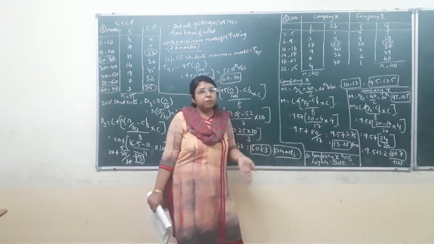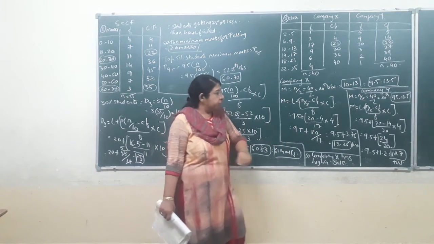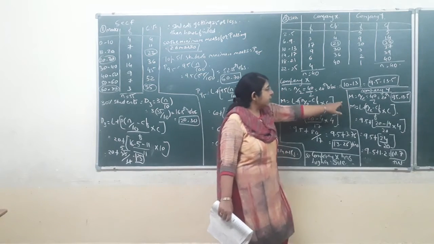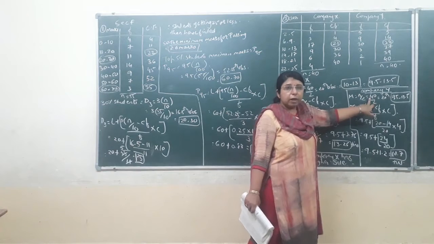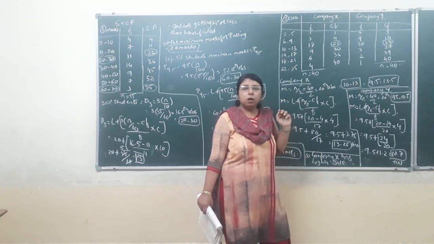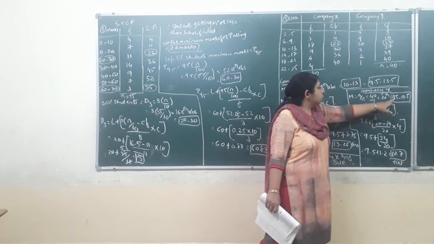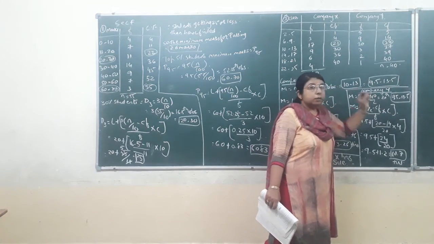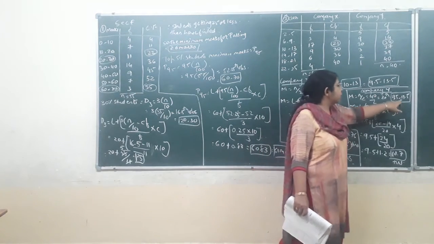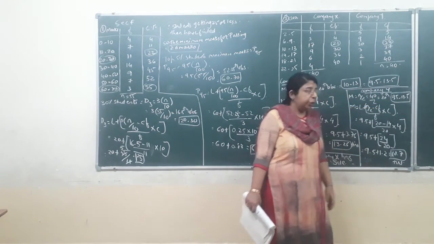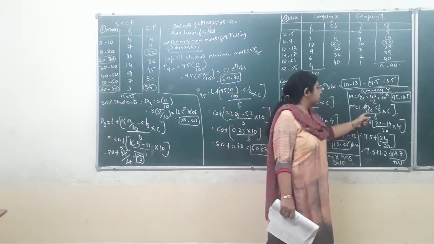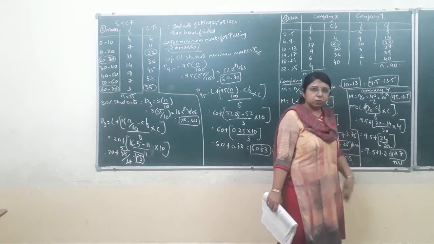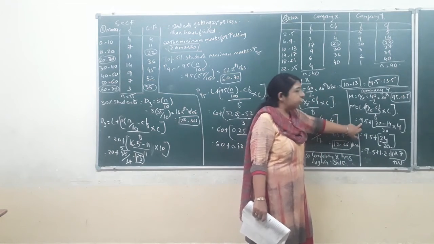Okay. In the same way we have to find for company Y. First of all, see, median class, to find n by 2. Here also the same value would come because the total number of frequency is the same in both the companies. Okay. So 20th observation, so the median class will come, the exclusive class, that is 9.5 to 13.5. Now applying the formula to find median, that will be the same, L plus n by 2 minus CF upon f into C. Now what will be the value of L?